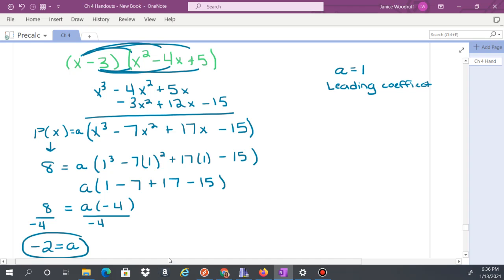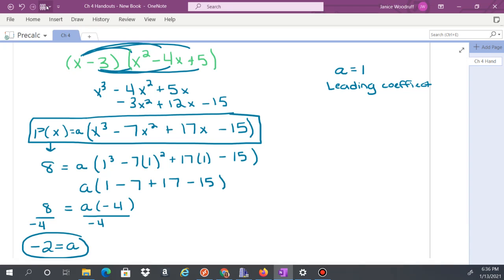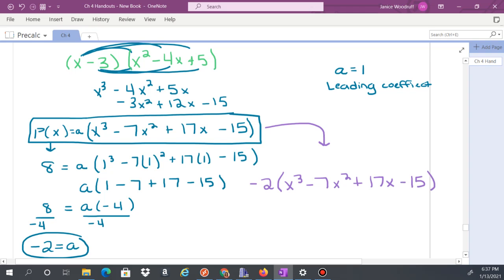So now what we're going to do with that is we're going to take that negative 2 and go back up here to this line. And we're going to plug that a in, and then we're going to distribute it. Okay, so this is going to become negative 2 times x cubed minus 7x squared plus 17x minus 15.